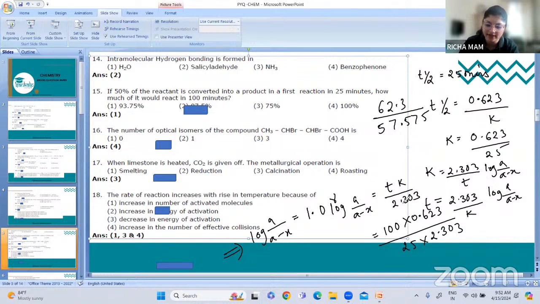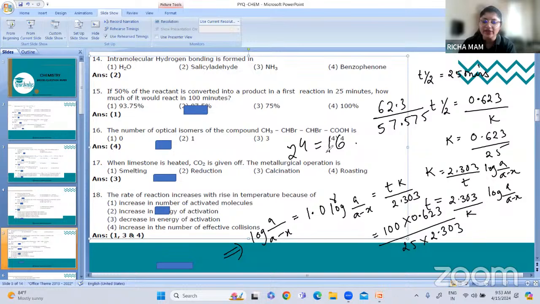Okay. So when you take anti-log on both sides, 100 into 0.623 divided by 25, you will get the value as 2 raised to 4. That is 16.